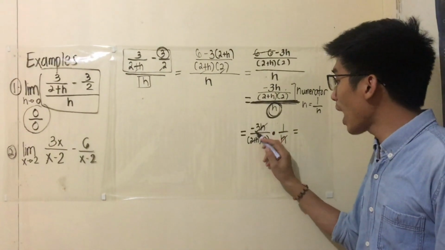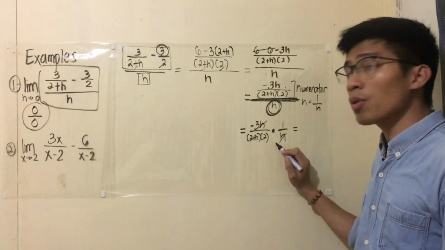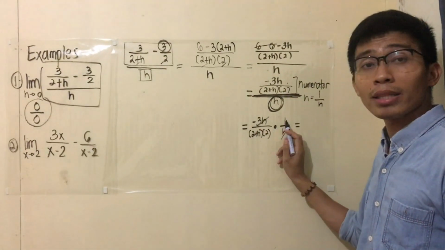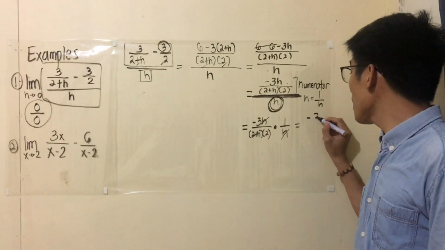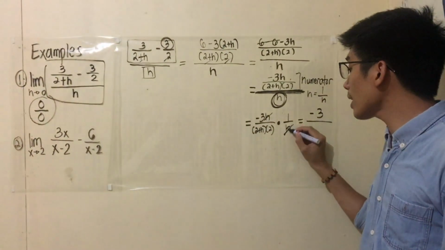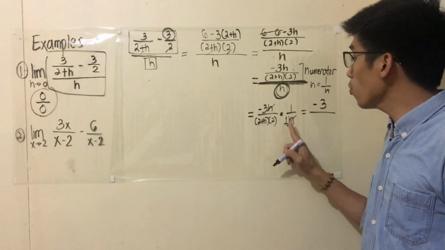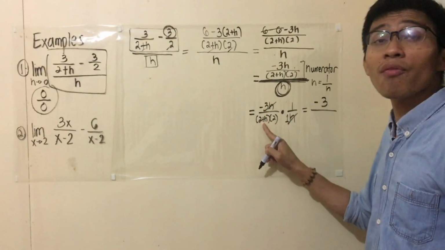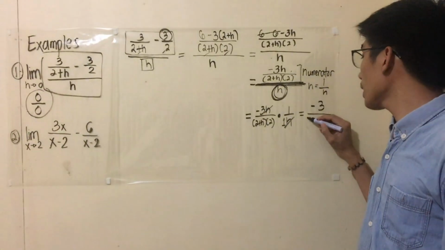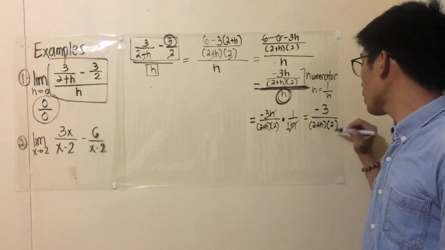So what is the remaining value here is negative 3 times positive 1, that is negative 3, all over, obviously you already cancelled out everything here, the remaining value is 1. 1 times this value is still the value itself, so that is 2 plus h times 2.